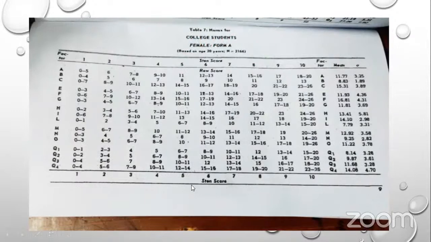Here you can see the 10 scores given, that is 1 to 10. Then these will be the raw scores. So you will get one particular raw score, then you will be transforming this to this 10 score. So you can understand about the person. You can find out his relative position with respect to the particular group.